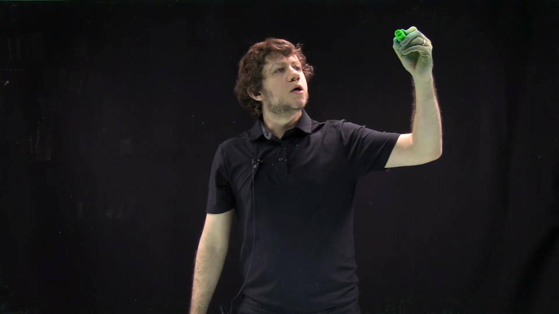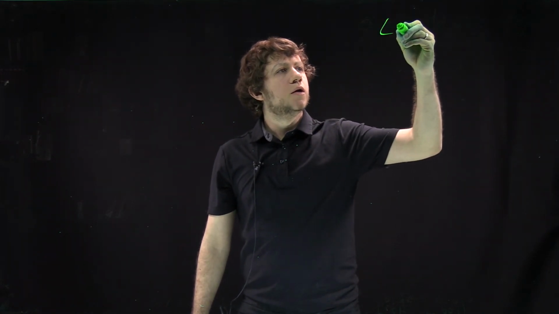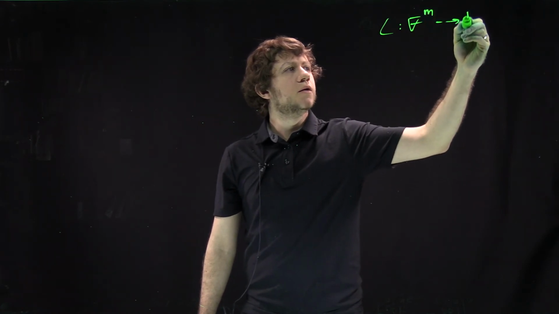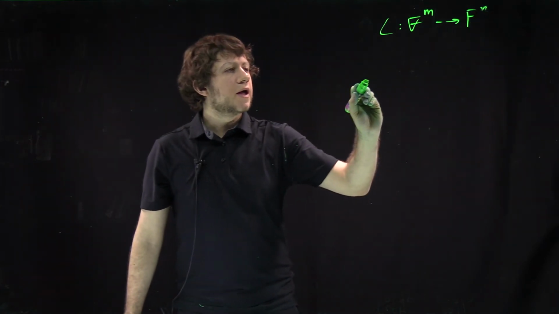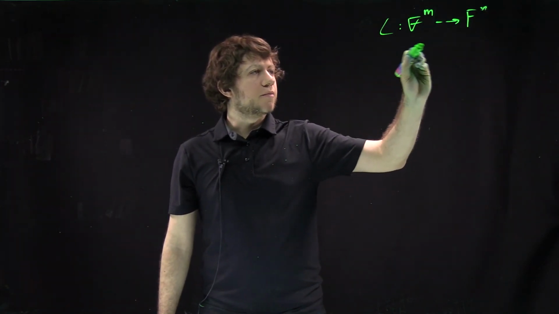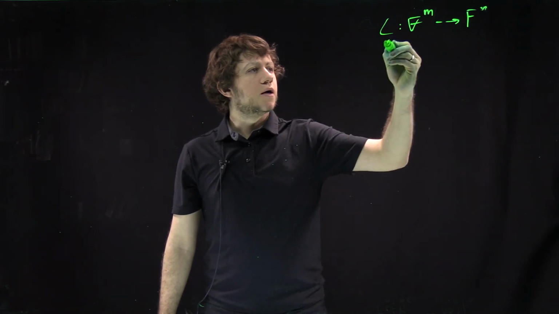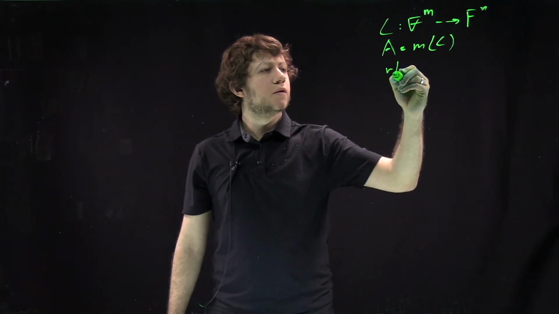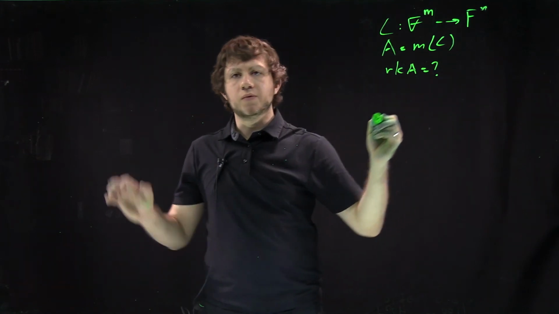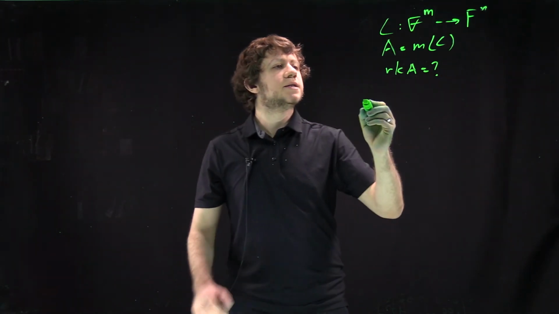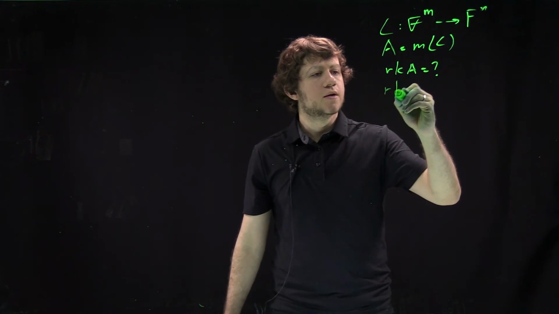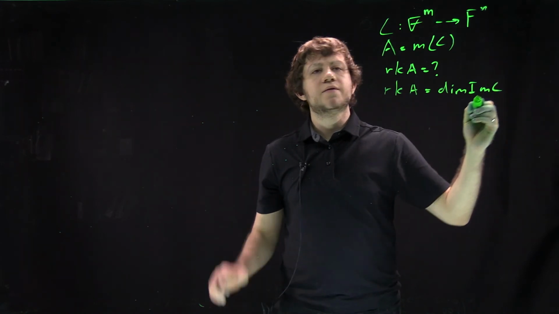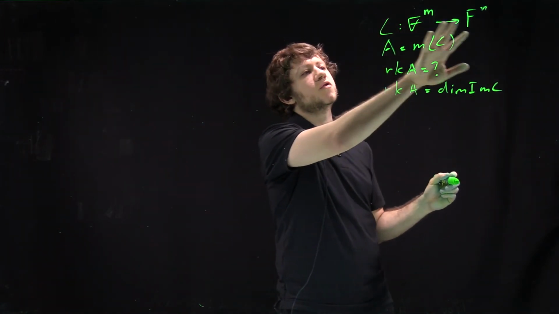So imagine we have a linear map L from V to W, let's say Fm to Fn, as before, and A is the matrix of L, and we are trying to compute the rank. So this is what we were doing before, and we know that the rank of A is the dimension of the image. So it is something very geometric. It does not depend on any choice of basis.